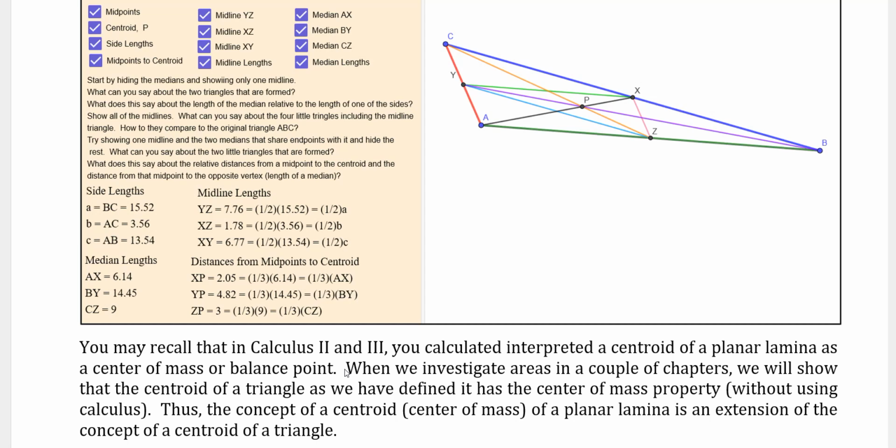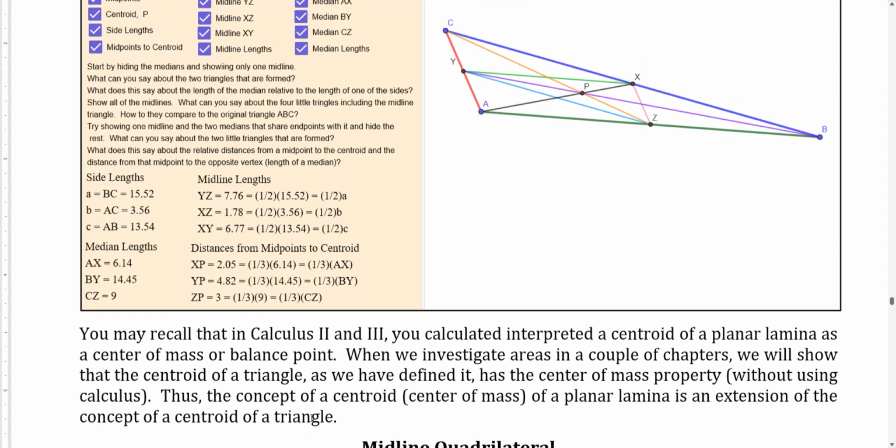Now we're going to investigate areas in a couple of chapters, a couple of playlists down the road here, and we will show that the centroid of a triangle as we defined it has the center of mass property, but we're going to do that without calculus. And thus the concept of a centroid or center of mass of a planar lamina is the extension of the concept of the centroid of a triangle. So we'll come back to centroid a little bit later.